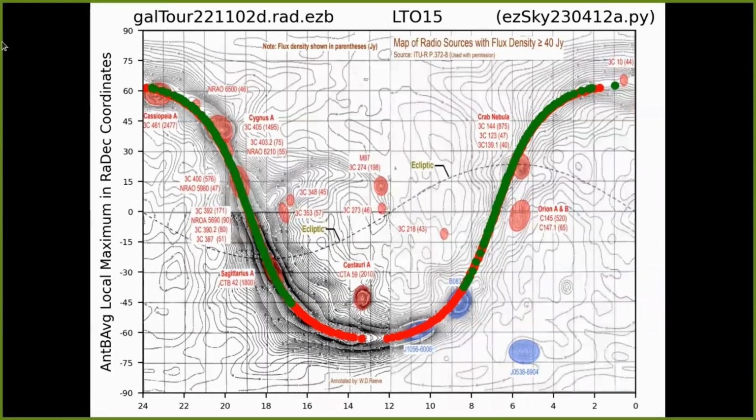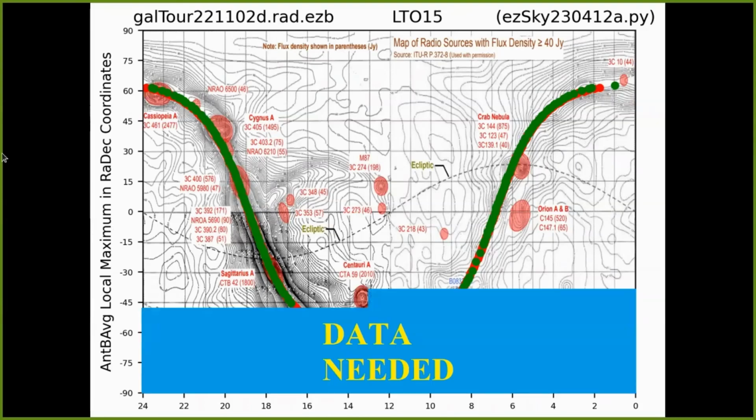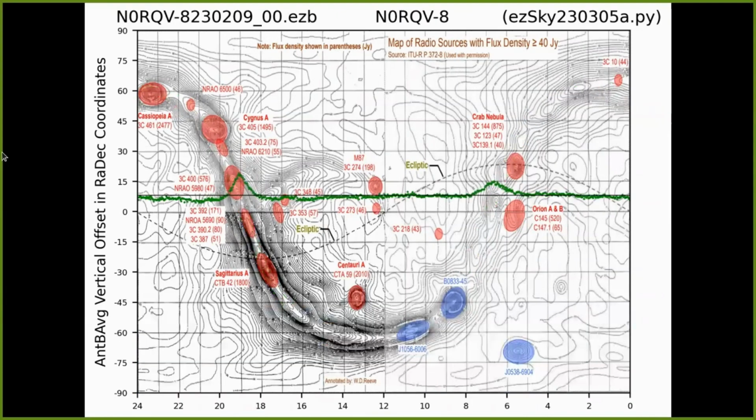The data that was used was collected right along the galactic plane, shown by the red dots. But still, down on the bottom, there's a part that the telescope cannot see. The Earth gets in the way.